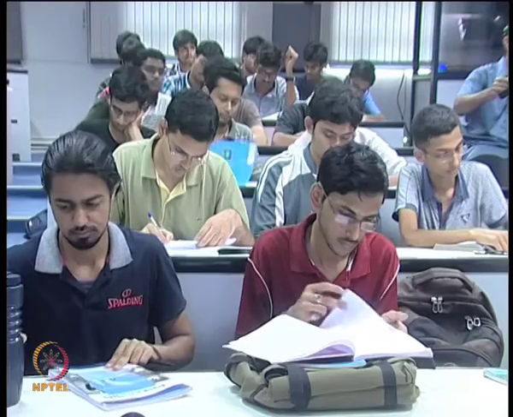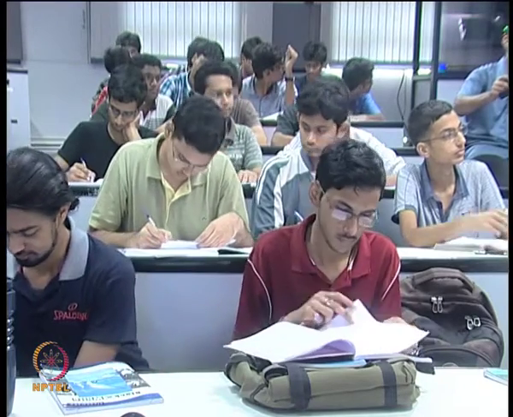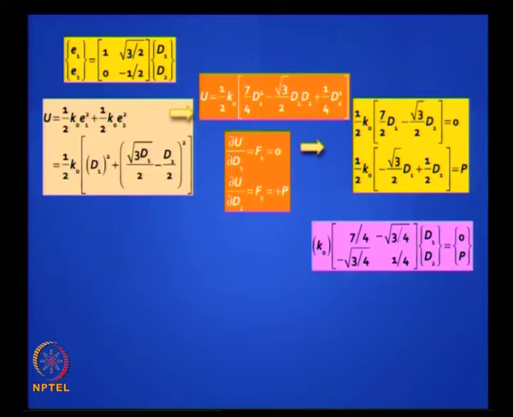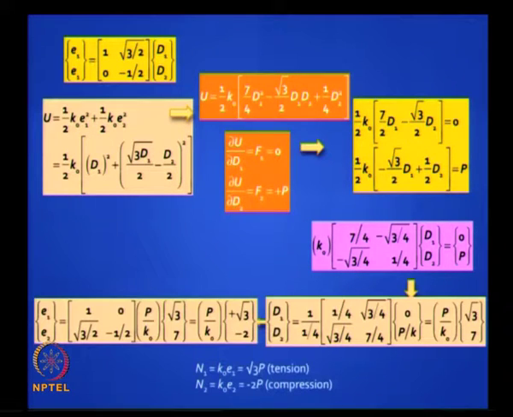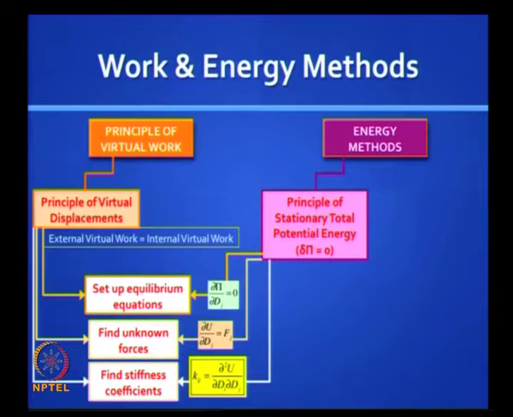You can also use it to find unknown bar forces, but for manual use usually we would do finding unknown forces directly, okay. You would not be using Castigliano's first theorem because it is more difficult. The real use of these theorems, so I am skipping this, real use of these theorems are to find unknown displacements, and for which you need to shift from this set of theorems.